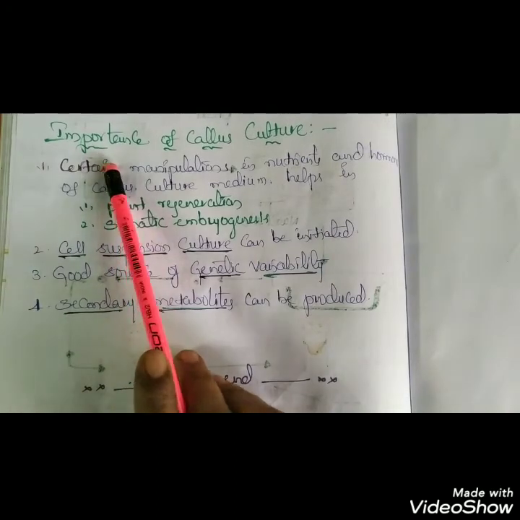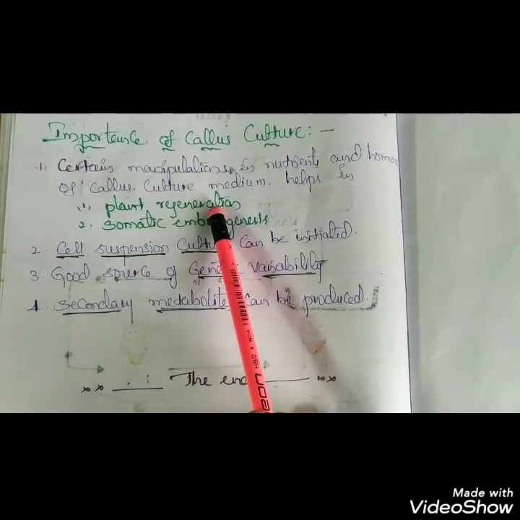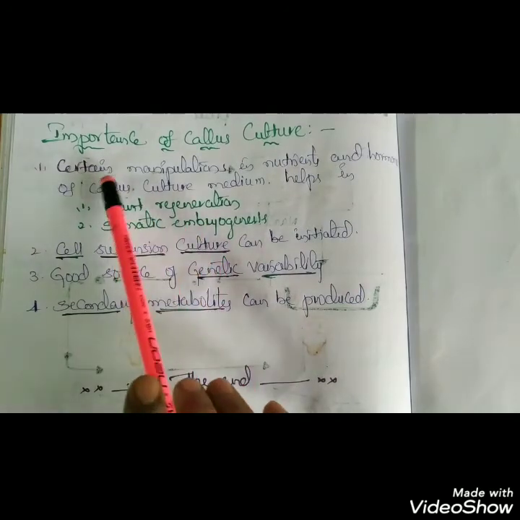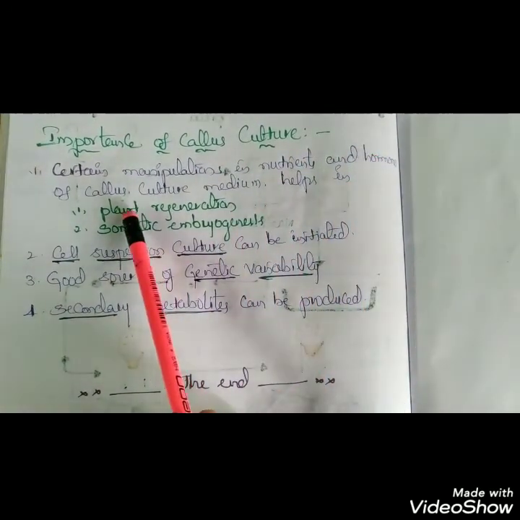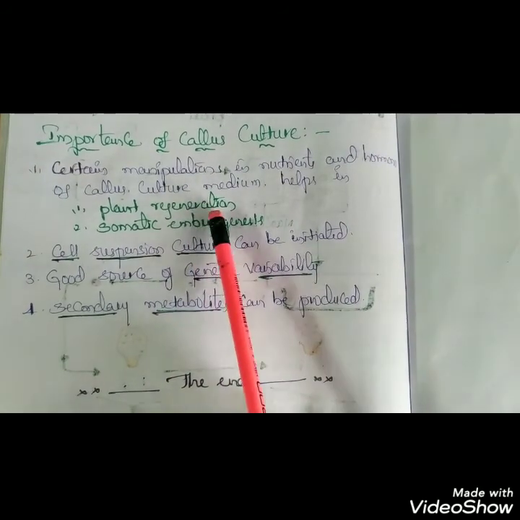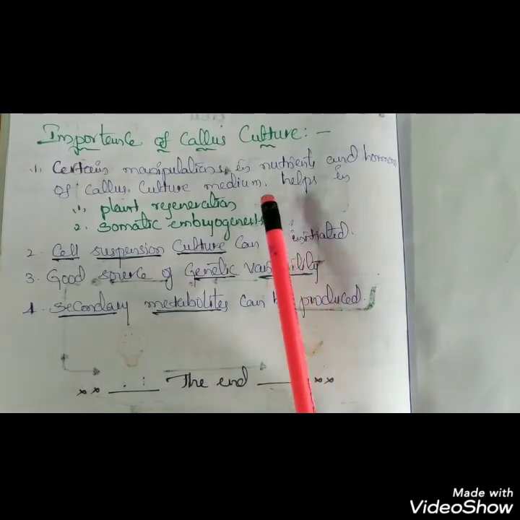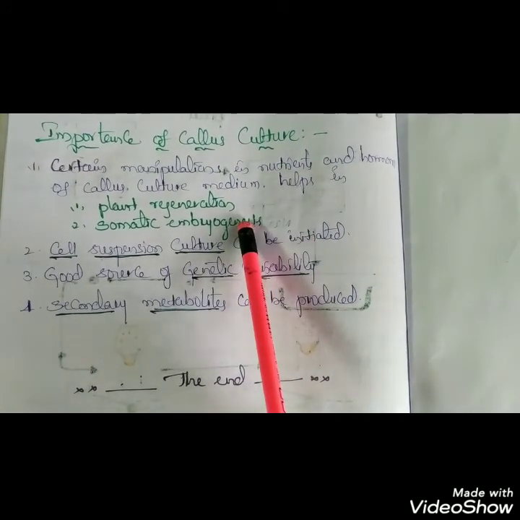Let's see the importance of callus culture. Callus culture are very, very important in plant regeneration and somatic embryogenesis. Generally, by manipulating the nutrients and hormone ratios in callus culture, we can generate the plantlets by using two different methods. One is organogenesis method, another one is somatic embryogenesis method.